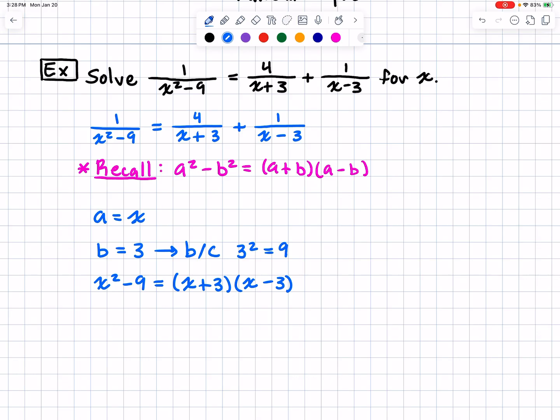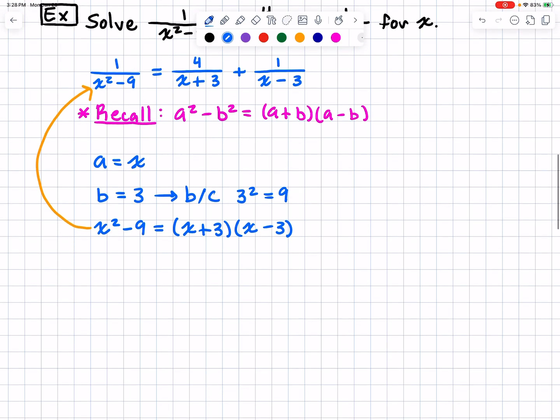All right? So we can replace our denominator here with x plus 3 times x minus 3. So why don't we do that?